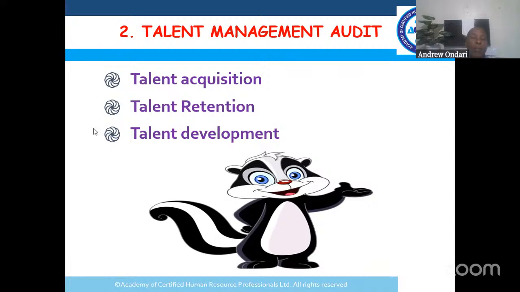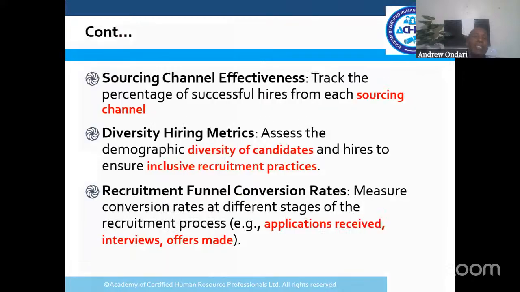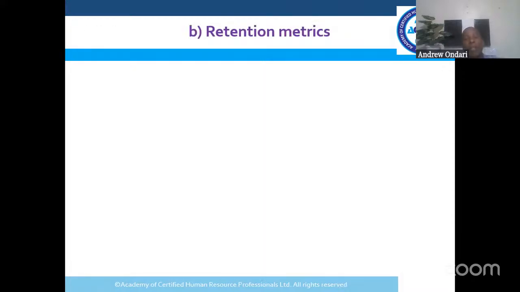So with your permission, I'll go to bullet 2, that is talent retention, under talent management, which is our second component of our strategy audit. So in talent retention, we are looking at the people that we hired or acquired, that is talent acquisition.